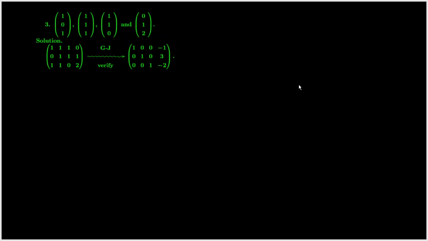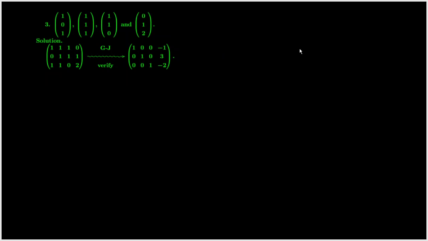Okay, now you look at the final form. How do you answer the question? Do we have a column without a leading one? We have a column without a leading one. Column 4 is a column without a leading one, right? So this is the case. The given 4 vectors are linearly dependent.